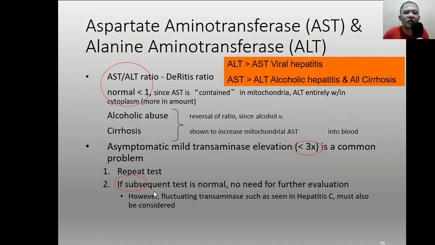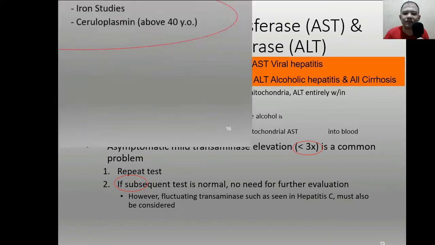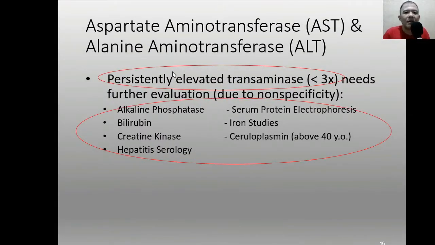However, we can also see a fluctuating transaminase in hepatitis C. That's why we have to weigh things. Persistently elevated transaminase that is less than 3 times needs further evaluation if it is persistent. So that means we have to consider other causes.